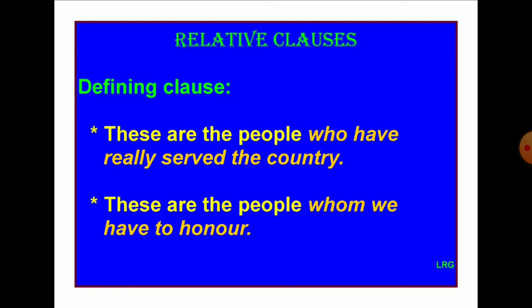It is a defining clause because it defines or restricts the meaning of the noun people, which is otherwise unrestricted in meaning. In the next sentence also, the dependent clause introduced by the relative pronoun whom defines the noun people. So, both of them are examples of defining relative clauses.